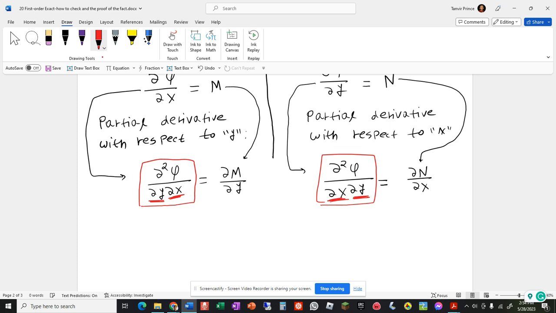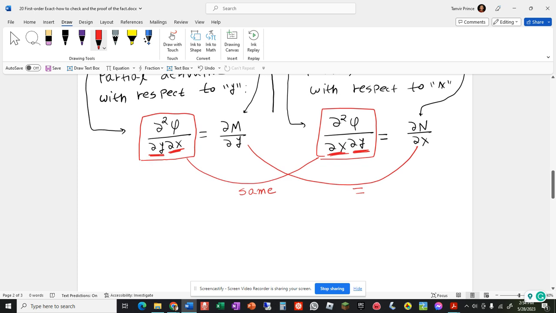So these two are the same according to the mixed derivative theorem. So if those two are the same, of course these two must also be equal. In other words, the partial of M with respect to y should be equal to the partial of N with respect to x.